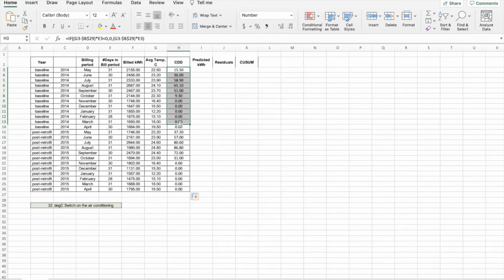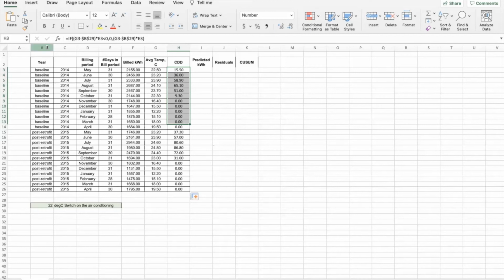Here we have one purpose for the linear regression, hence the name linear: whether there is a linear relationship between the two sets of data, one being the energy consumption and the other the weather.